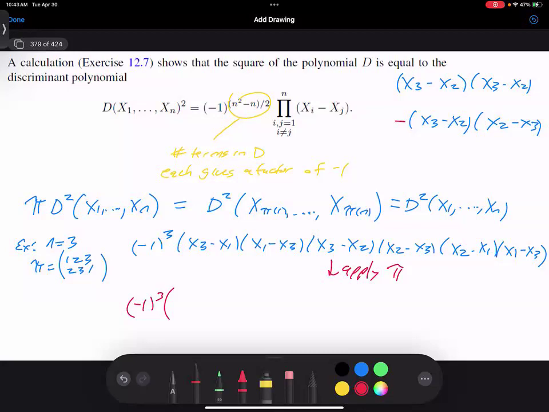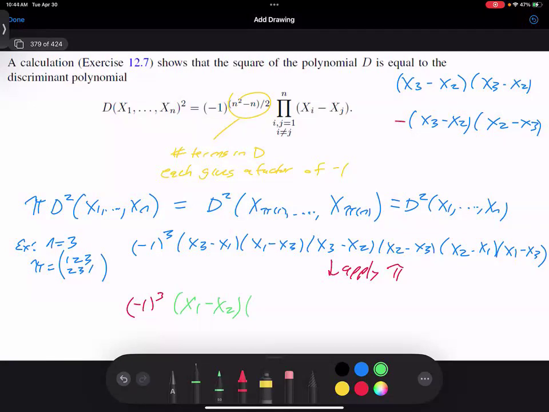And now I send 1 to 2. So the first factor is going to just become x3 minus x2. The next factor is going to become, I send 1 to 2, 2 to 3, 3 to 1. I'm not doing the transposition. So x3 goes to x1, x1 goes to x2. So I get x1 minus x2.